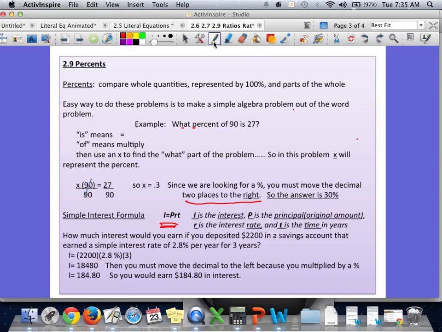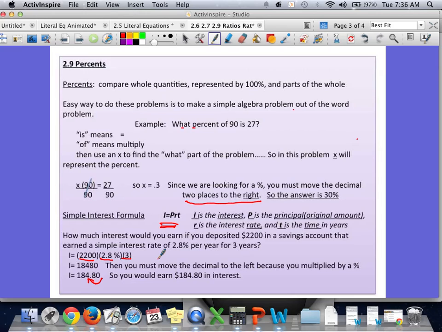So if I plug in $2,200, okay, that is the principal times the rate, which was 2.8%, times the number of years. And that will give you 18,480. But you must move the decimal to the left because you multiply by a percent. So at the very end, you need to move it to the left 2 places.